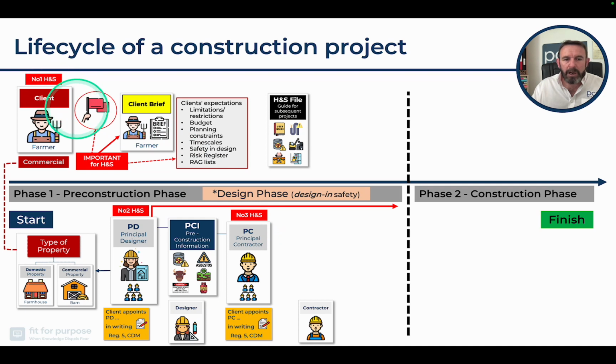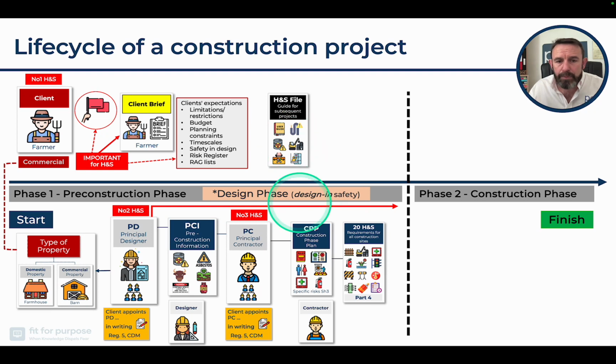And between the client, the principal designer, and the principal contractor, it is those 3 appointments or people that are going to be responsible for working together for the health and safety across the entire project. The pre-construction information is required by the principal contractor because they need, in the pre-construction phase, to develop their construction phase plan.